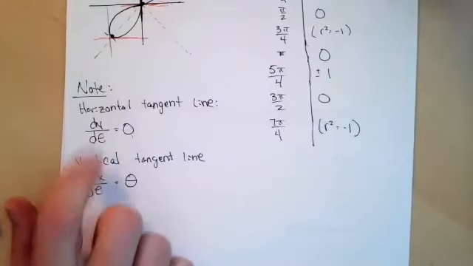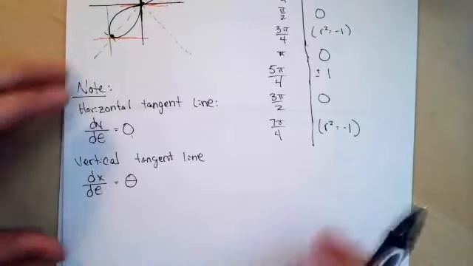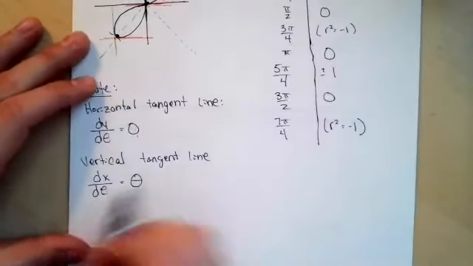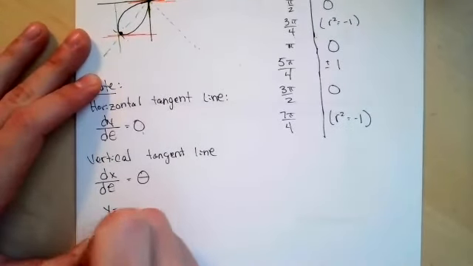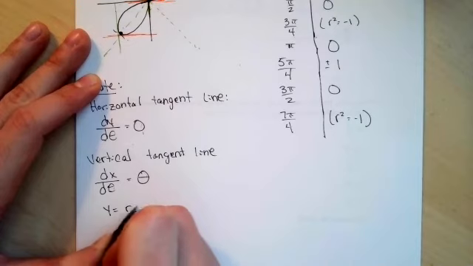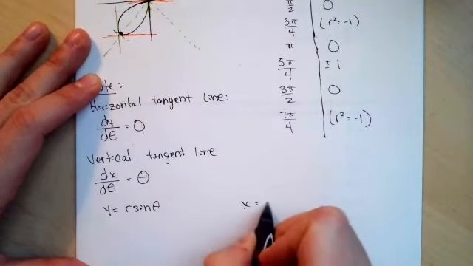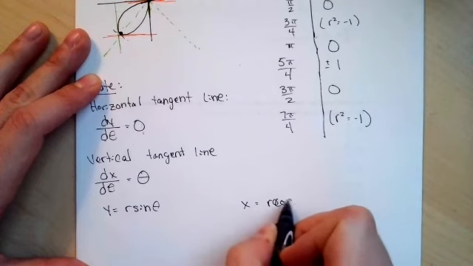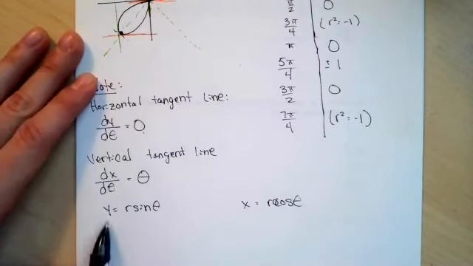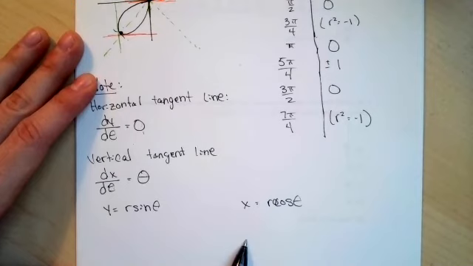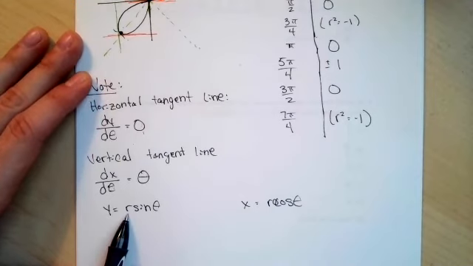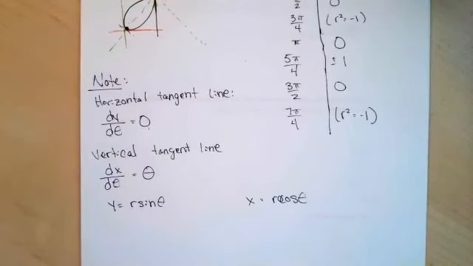So how do we find dy d theta and dx d theta? Just like we were doing with our tangents, right? We use our defining equations of y is r sine theta, and x is r cosine theta. You can from here compute dy d theta and dx d theta using the chain rule, like we just did with the dy dx formula. Or if you want, you could just substitute in r.